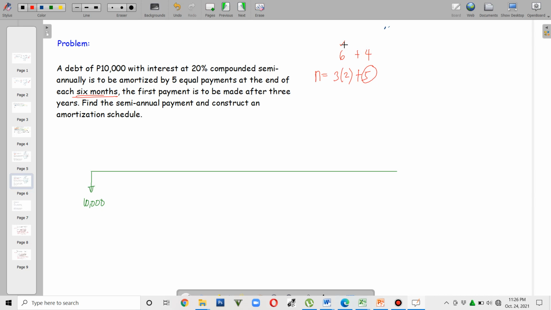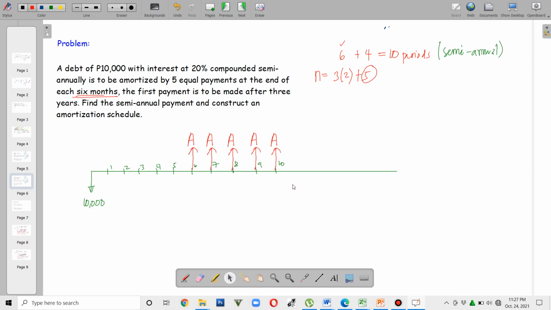Okay? Kasi may isa na dyan. 5 lahat ng payment. So, plus 4. We have 10 periods. So, anong periods to? So, yan is semi-annual because each 6 months. Okay? So, if we are going to illustrate that now, we have 10 periods. Sa 6th, meron na siyang payment hanggang 10 periods. So, kung mapapansin mo, 5 equal payments yan.